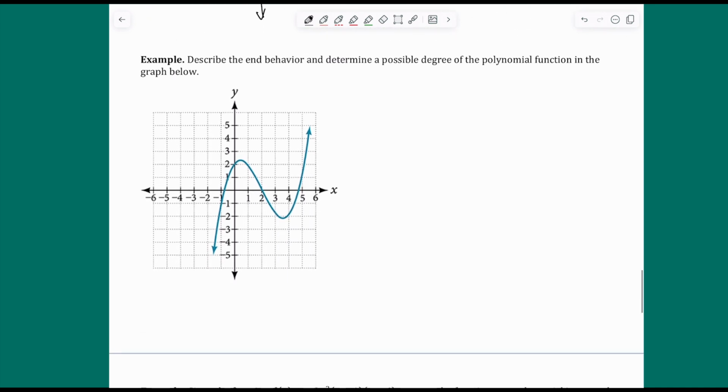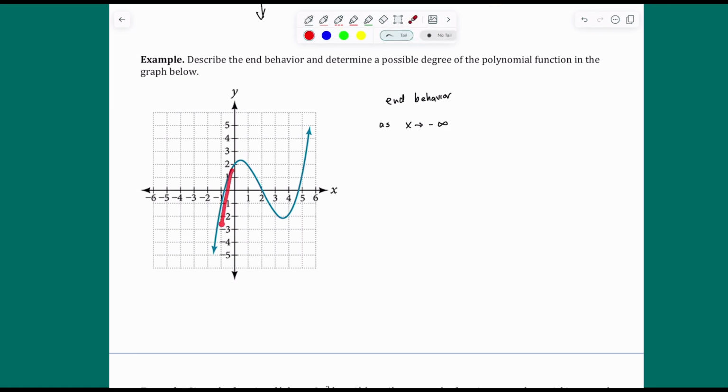Okay, so the next example here, we're asked to describe the end behavior and determine a possible degree of a polynomial function in the graph below. From the graph, we can see the end behavior would be something like this. As x approaches negative infinity, what are the y values doing?